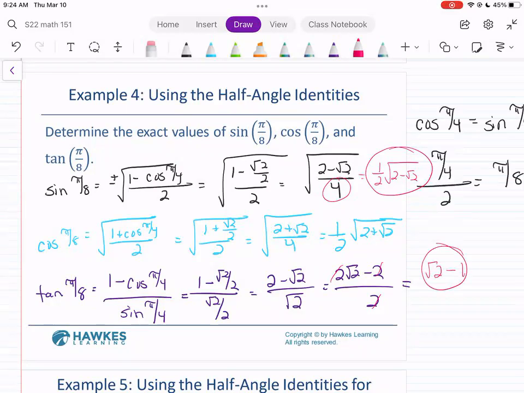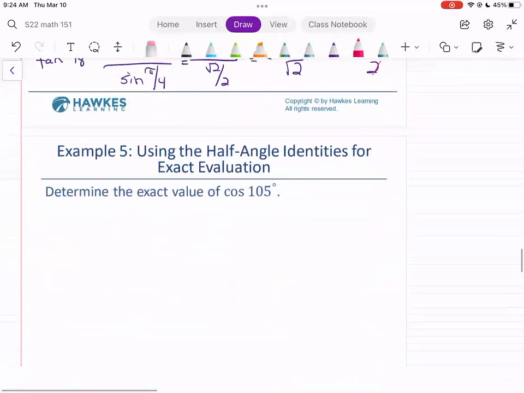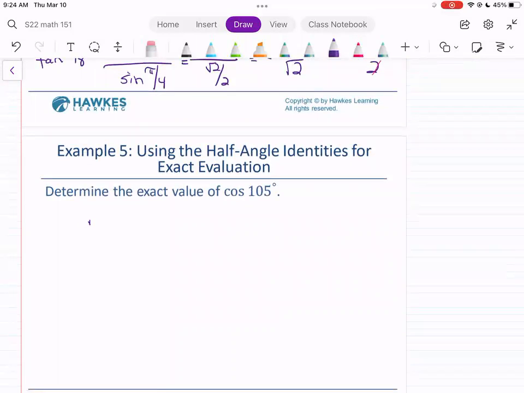As the last example of these half-angle identities, we can determine the cosine of 105 degrees. Notice that 105 is 210 over 2.